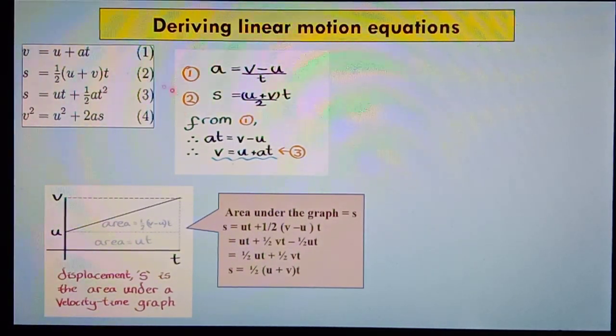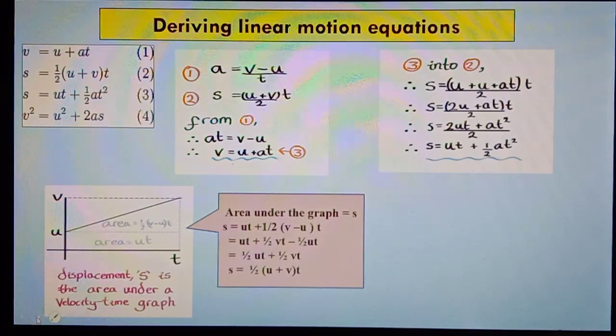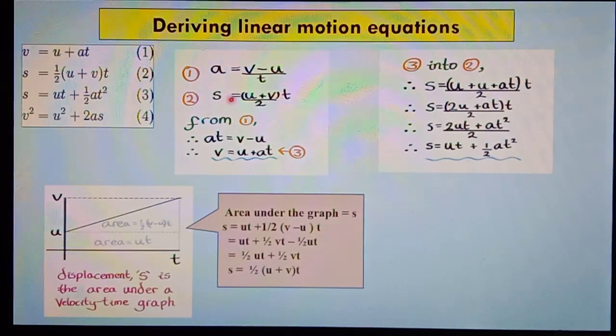Now we have 2 equations already. Now we look at the third one. How do we get the third one? You take the first equation, which I mark here as 3, and substitute it into the second equation, which is this one.